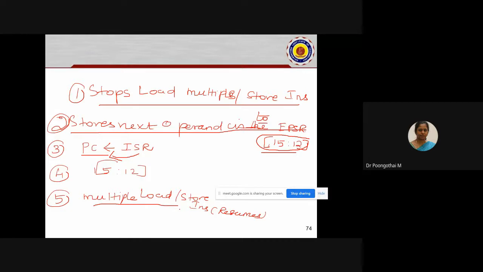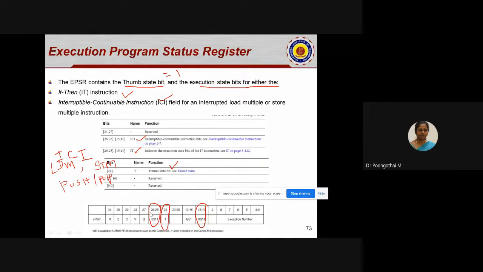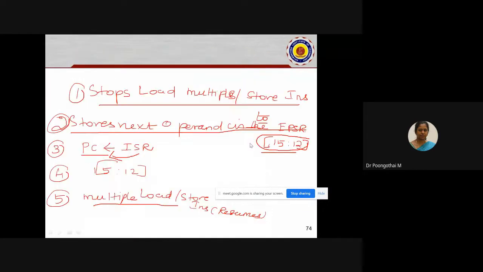So when the EPSR holds the ICI execution state, bits 26 to 25 and 11 to 10 are 0, because only these bits are utilized. Please note it down.